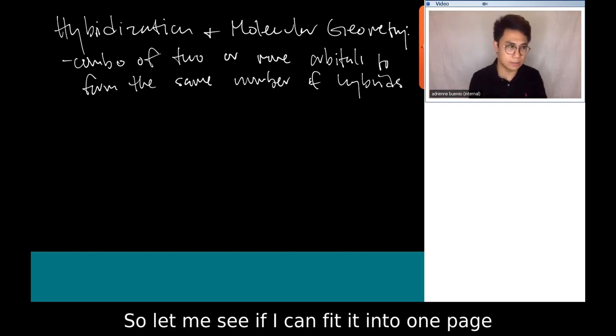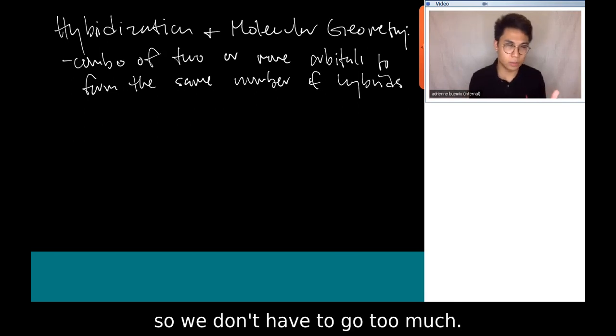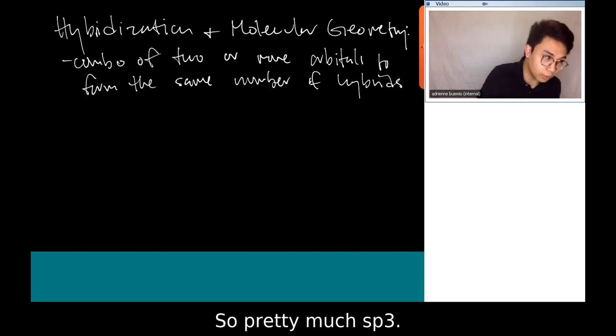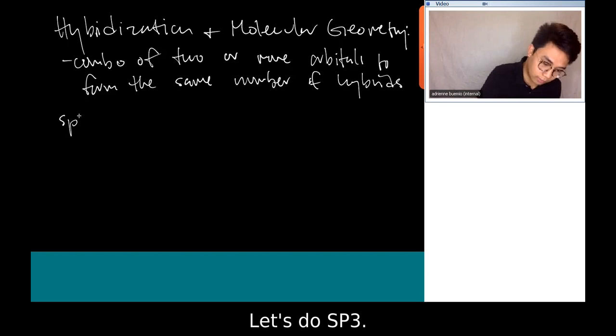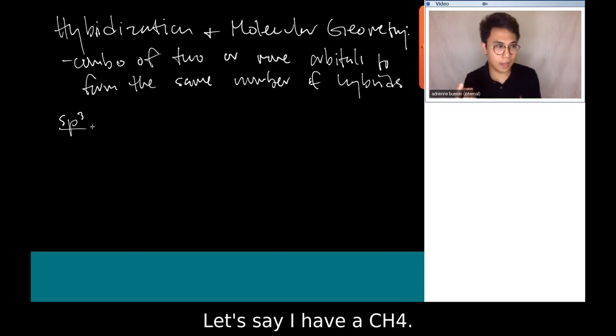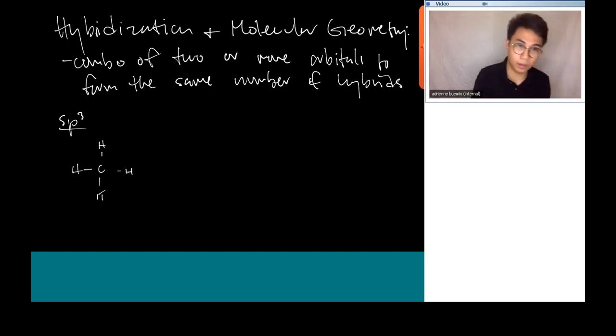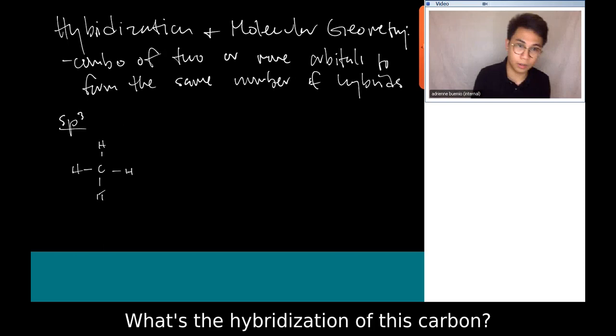And what happens? Let me see if I can fit this into one page so we don't have to go too much, and this should be quick since this is a review, right? So pretty much let's do sp3. Let's say I have CH4.